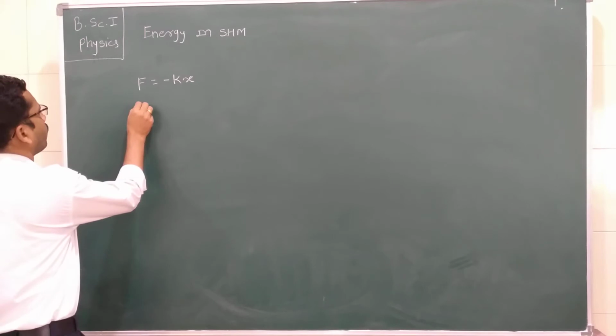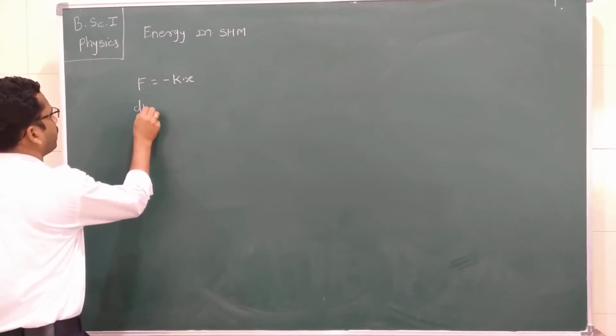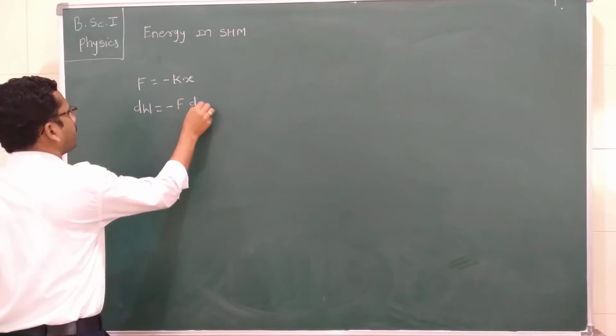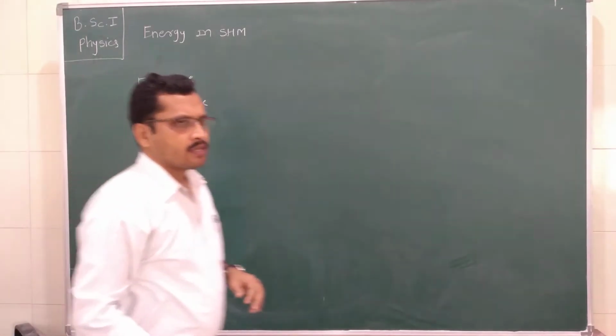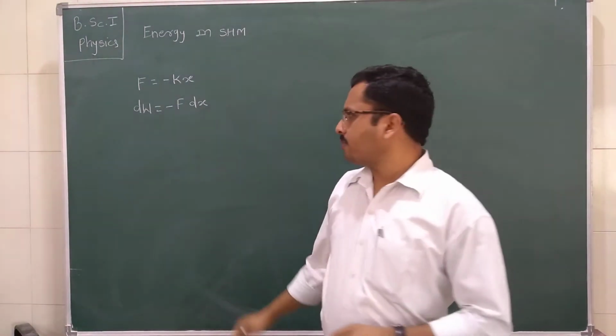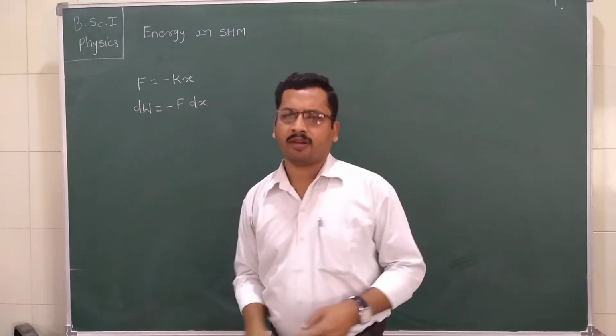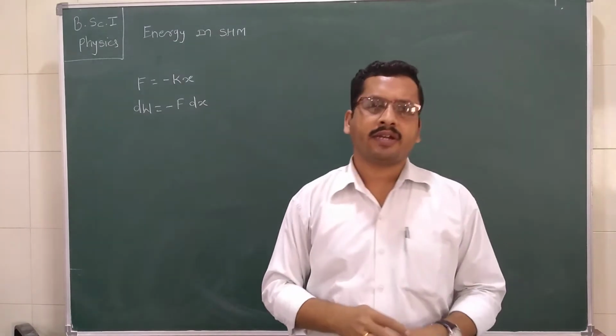the amount of work done dW is equal to minus F multiplied by dx. What does the minus sign indicate here? The minus sign indicates that this work done and this displacement are oppositely directed.